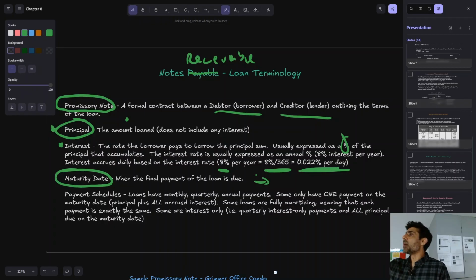Every month you're paying off the interest plus some amount of the balance that you borrowed, and the math is perfect such that on the last payment date, the last payment is just going to bring your principal balance to zero. Okay, and we're going to see that in chapter 12.